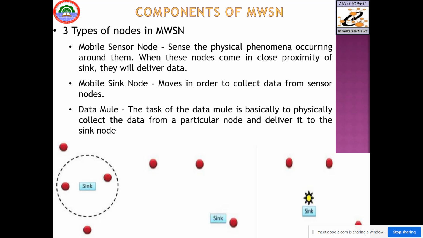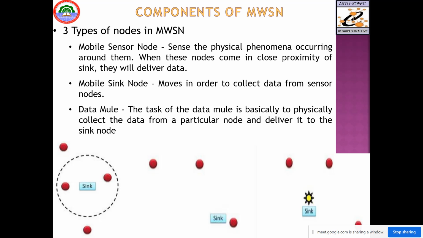The first component is called the mobile sensor node. A sensor node itself has the capability to sense events occurring in the surrounding area. The mobile sensor node has the property of mobility, and when a sink node or base station is moving towards it and comes into that region, it will sense the data.